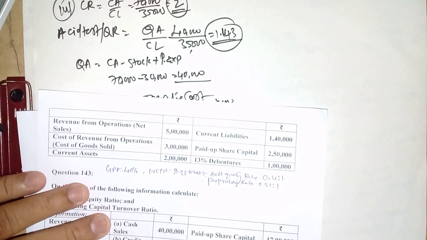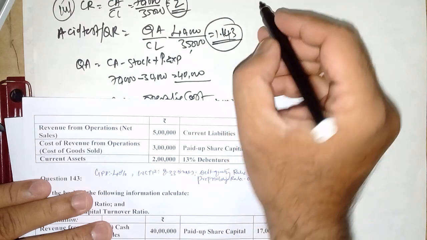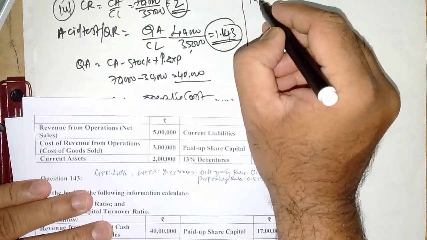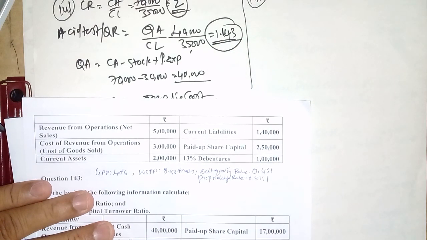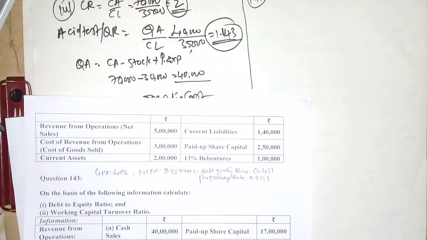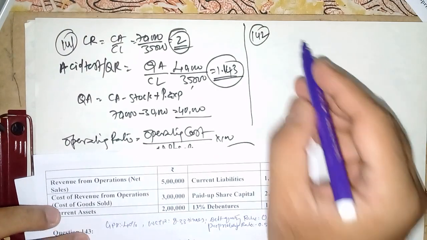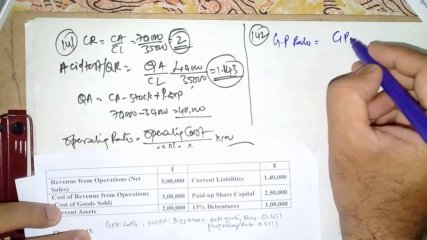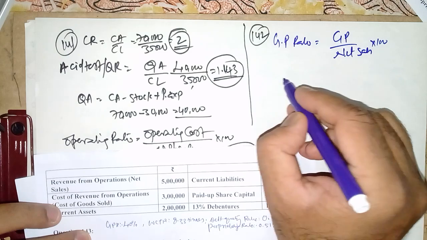The first ratio we need to calculate is the gross profit ratio. GP ratio is equal to GP by net sales into 100.